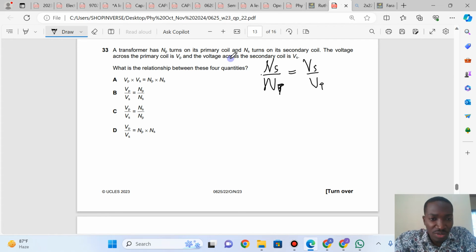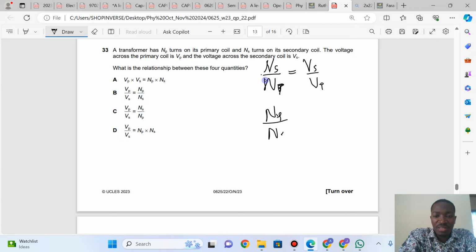So which formula, where do we have that here? Vp over Vs equals Np over Ns. Yeah, it's the same thing. You can switch this to become Np over Ns equals Vp over Vs, and that can be written as Vp over Vs equals Np over Ns.